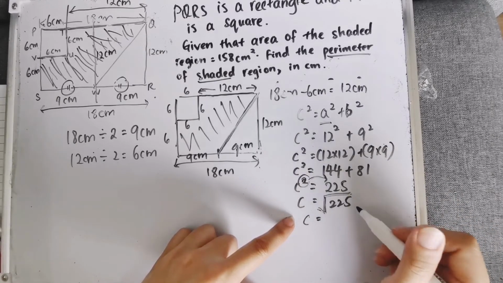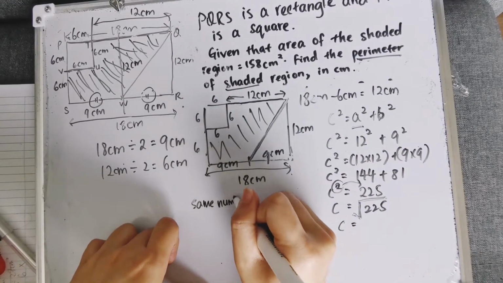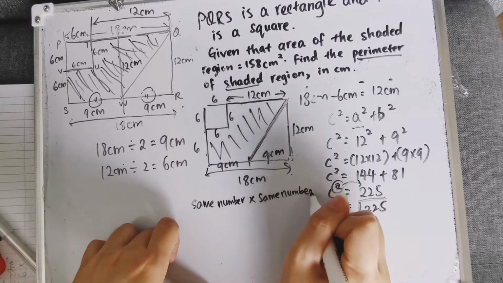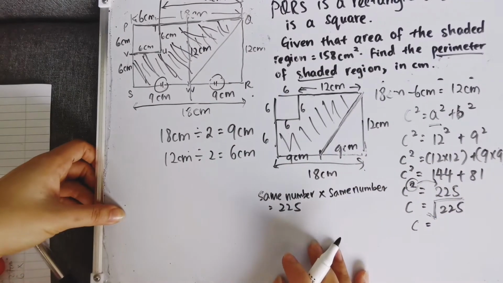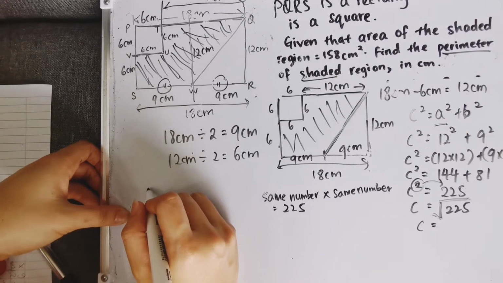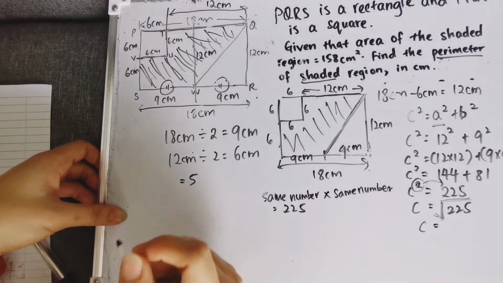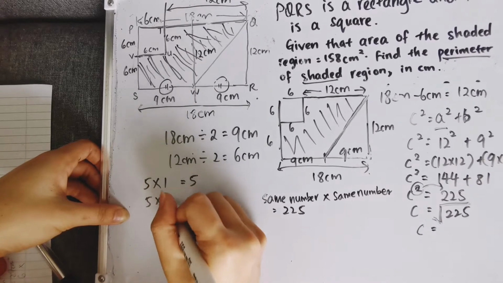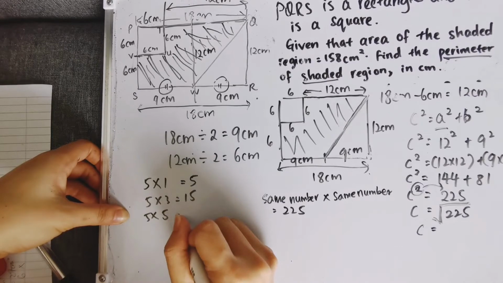So we have to find what number, the same number times the same number, becomes 225. Okay, so we have to think what number times the same number has 5 at the back. I know that the first thing you think of is 5. 5 times 1 is 5. 5 times 3 is 15. Okay, 5 times 5 is 25.